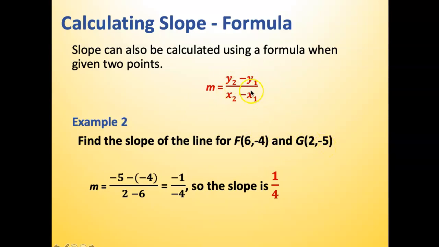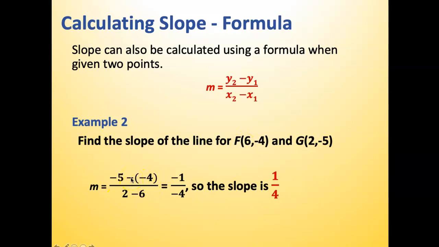Just replace the formula. Then you have y sub 2, which is negative 5, minus y sub 1, which is negative 4, all over x sub 2, which is 2, minus x sub 1, which is 6. There you go, your replacement.